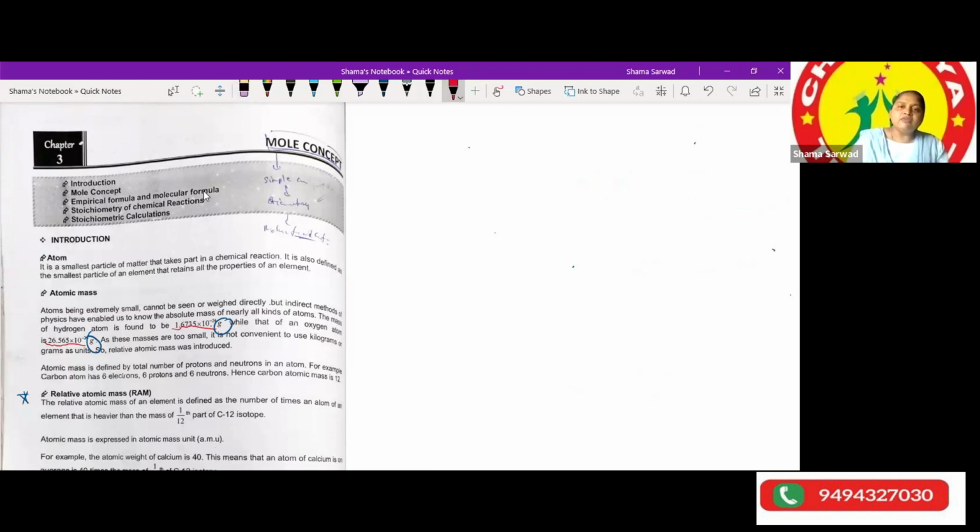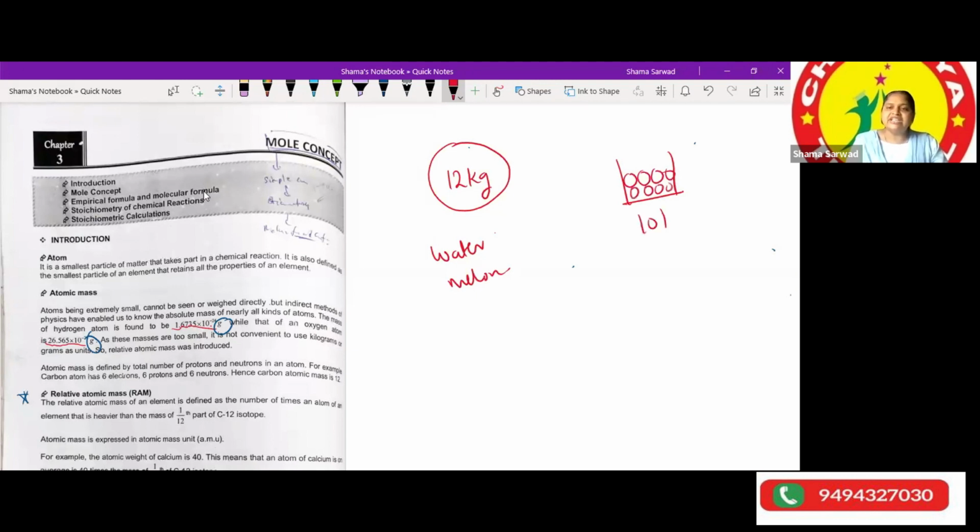Now, suppose I have a watermelon of mass 12 kg. And in one basket, I have apples, suppose 10 kg of apples are there.